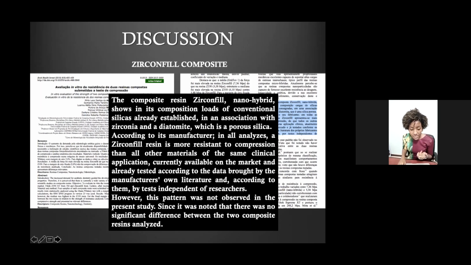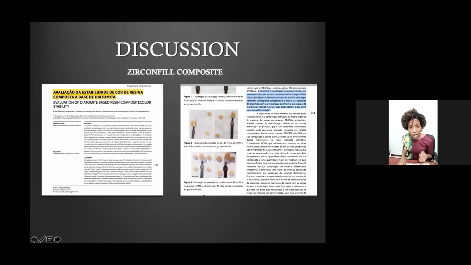Please, next one. That's another study that speaks about the color, the color stability of Zircon resin, which shows that when immersed in wine, the content of the resins, with coloring substance, as well as the quality of polish, interfered in the superficial staining of the studied materials.